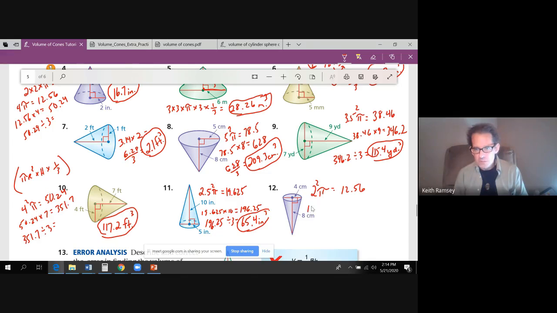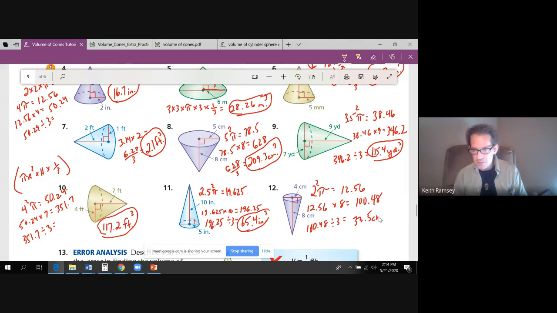Step 2 is multiply the base by the height, 12.56 times 8. And it looks like that should be 100.48. And then step 3 is divide by 3. 100.48 divided by 3 for our total volume. I got 33.49. Let's round that up to 33.5.